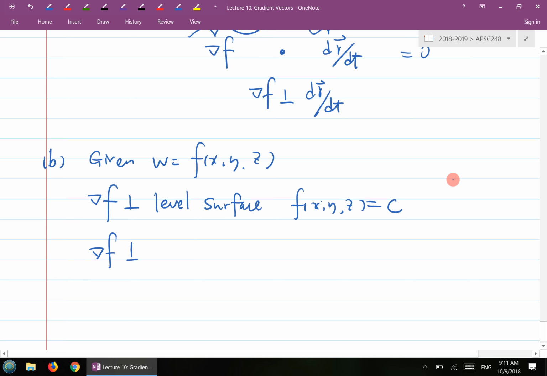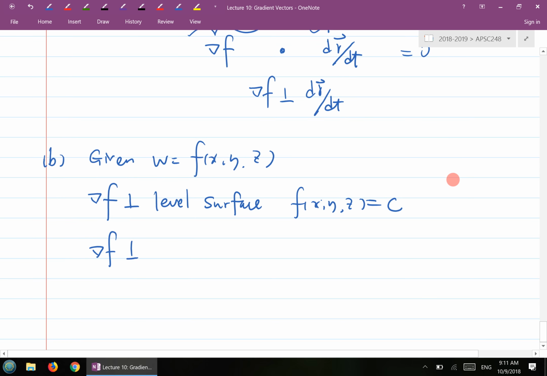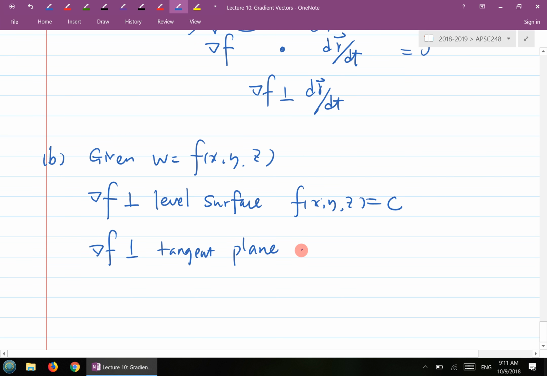Equivalently, we can say that del f is perpendicular to a tangent plane of this level surface. Those are two equivalent statements.